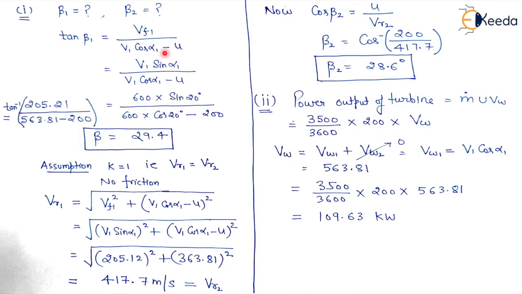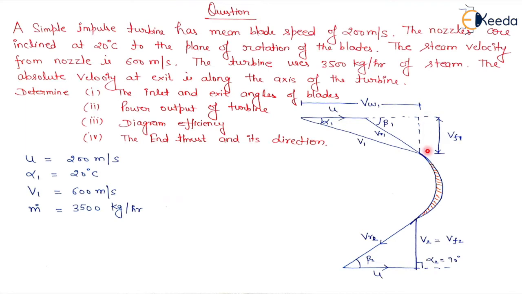So tan beta 1 is equal to VF1 divided by V1 cos alpha 1 minus U.